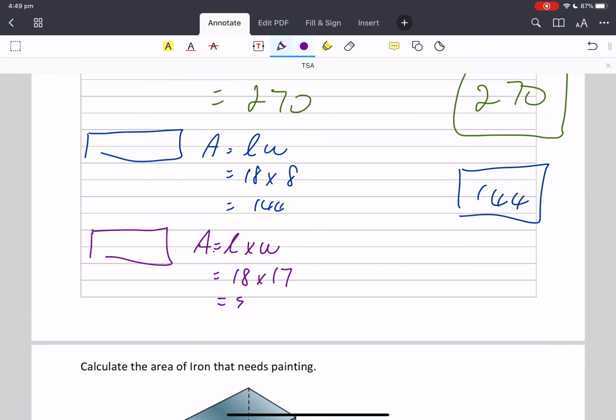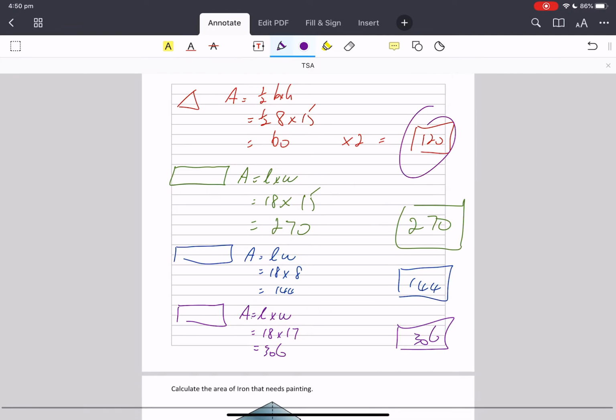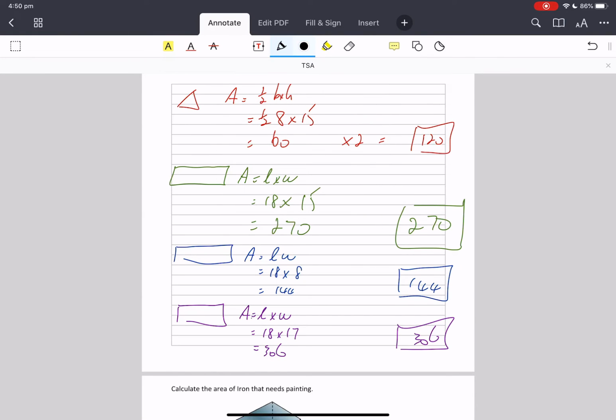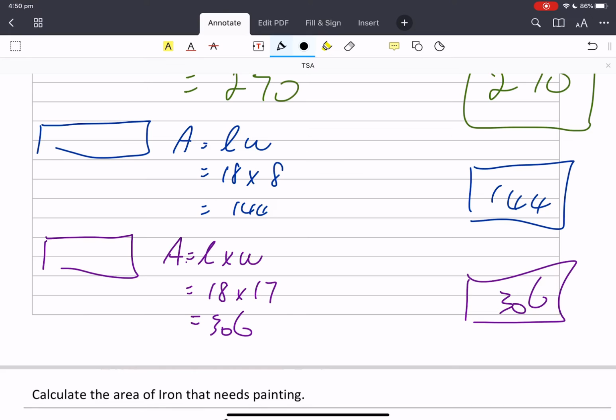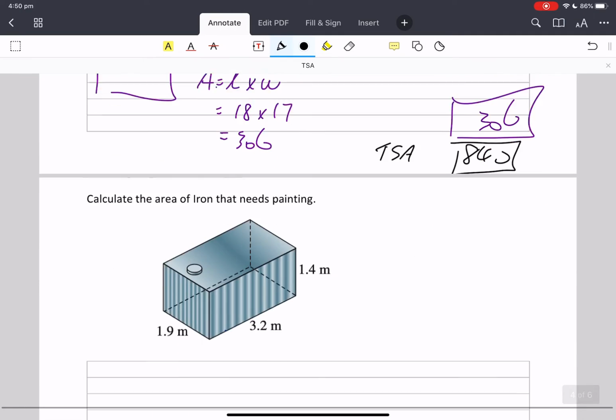Which is 306. Okay, so I've got to add all of those together. My total surface area is 840. Ran out of room, sorry about that.